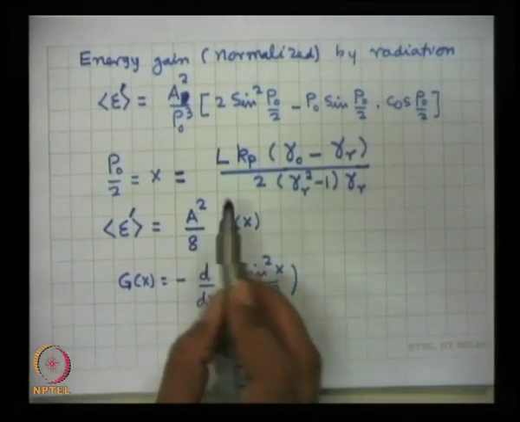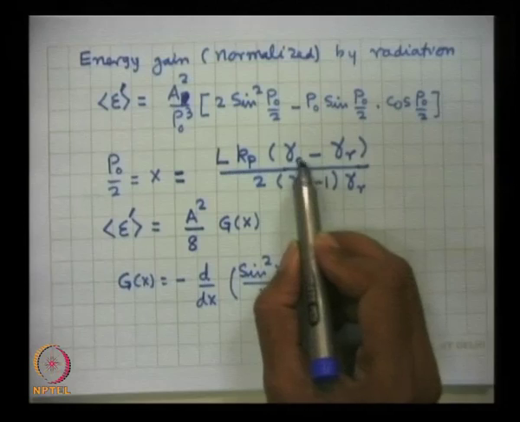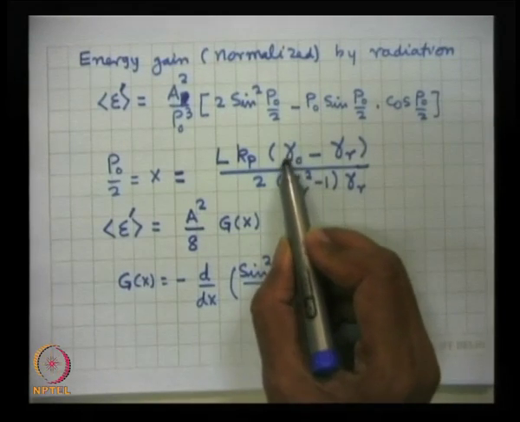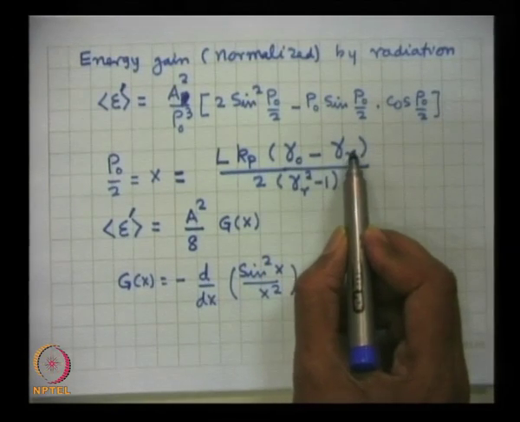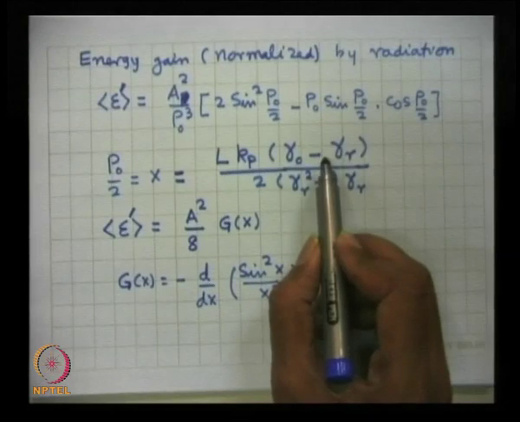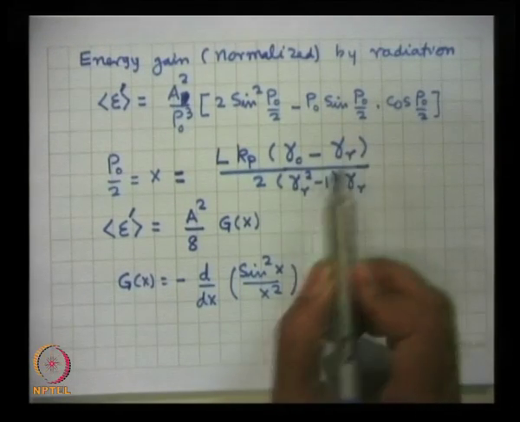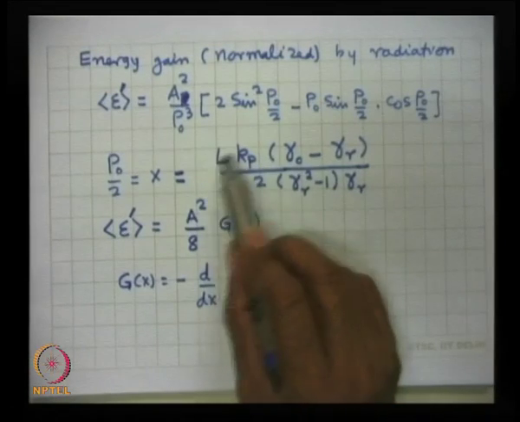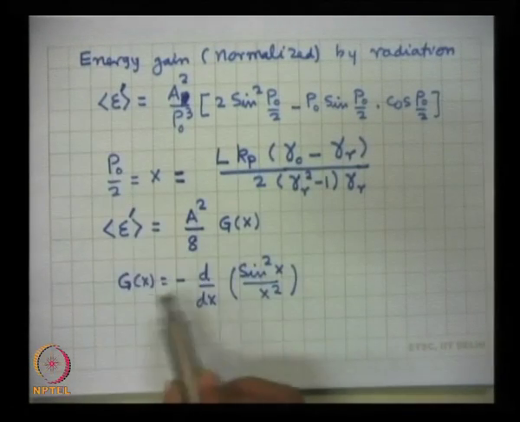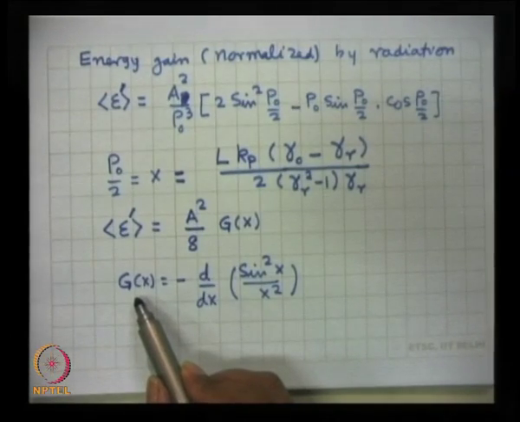So, this is the departure of electron initial energy from the resonant energy. This was essentially the energy available with the particle if you multiply by mc square. So, this is the important parameter on which this gain factor g depends.